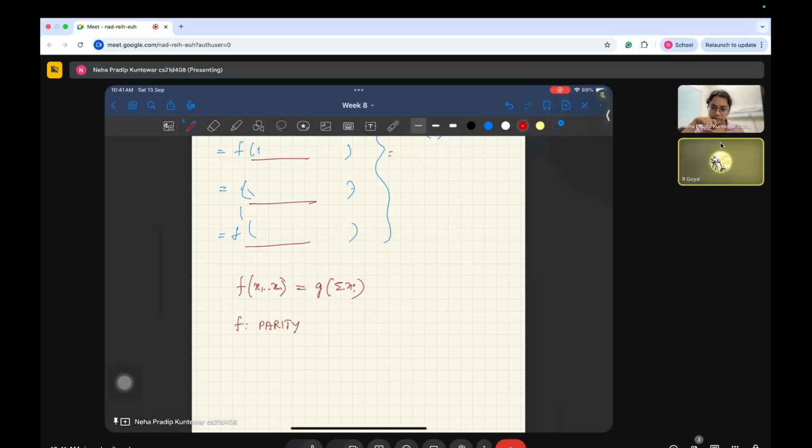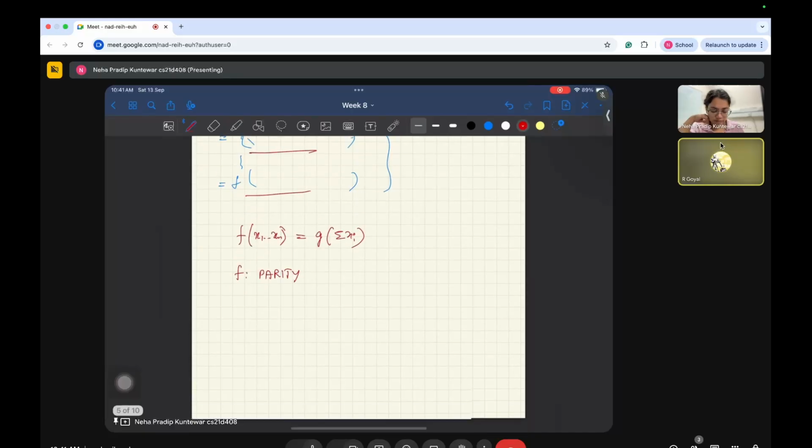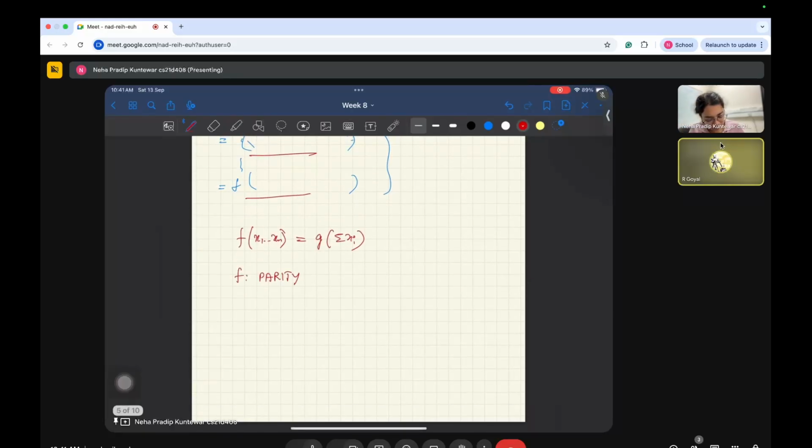If f is a parity function, then if the number of ones is even, let us say the value of f is 0, and if we have odd parity, then the value of f is 1.